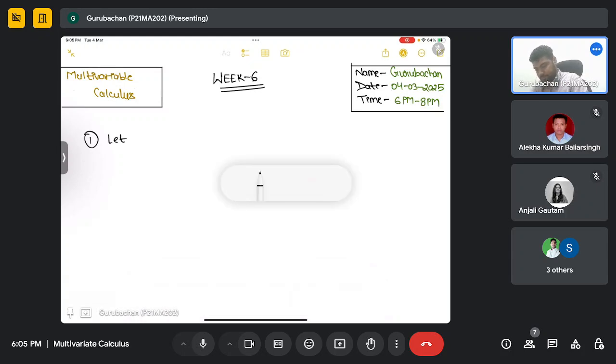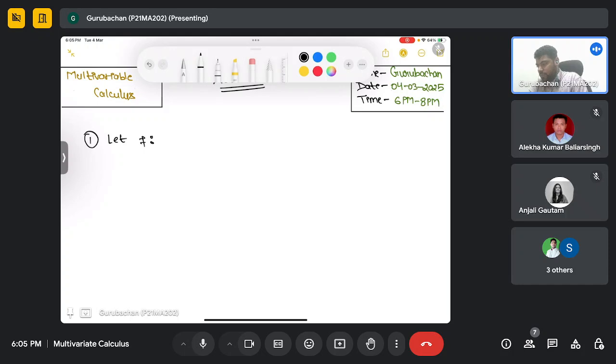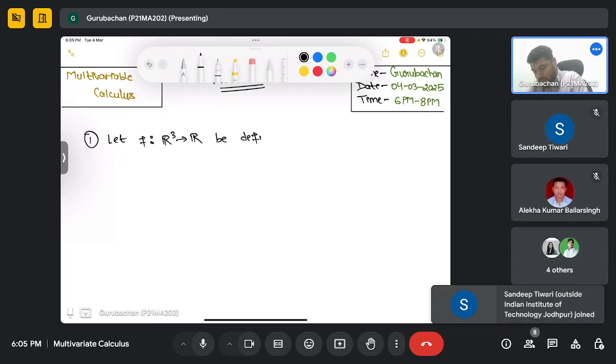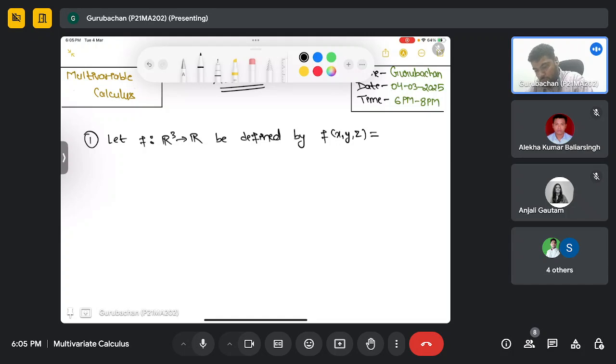Let f be a function from R cube to R defined by f(x, y, z) equals cos x plus 2 e to the power y square by 2 plus z cube.